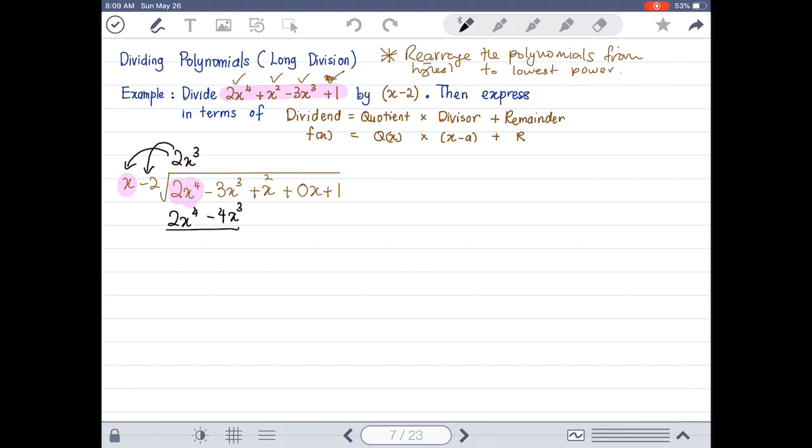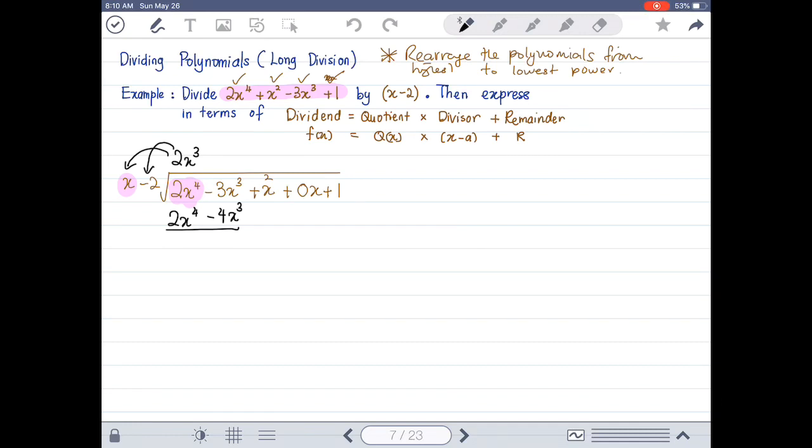Top minus bottom. Top minus bottom, we will get 2x to the power of 4 minus 2x to the power of 4, which is 0. But we don't write 0. Just leave the answer like that without writing 0.